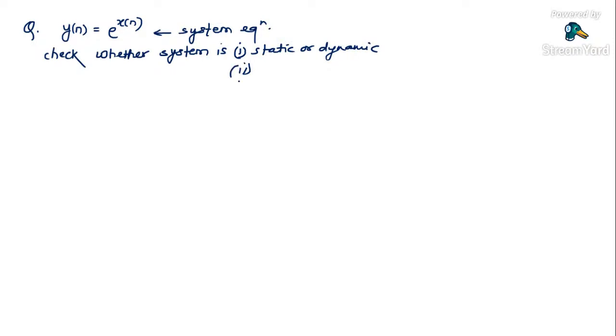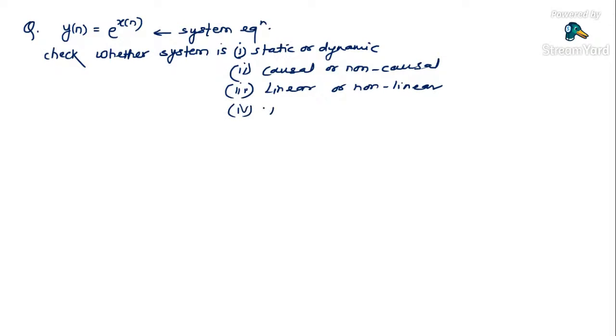Second, you have to check for causal, non-causal. Then third, whether it is linear or non-linear. Fourth, you have to check time variant, invariant. And last, whether it is stable or unstable.